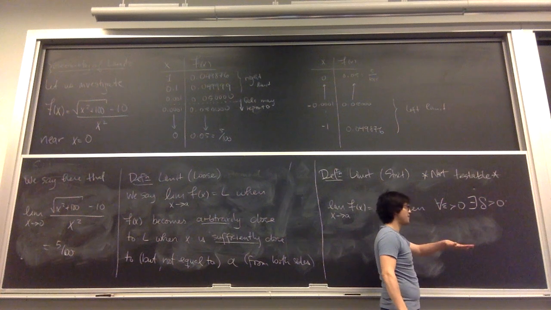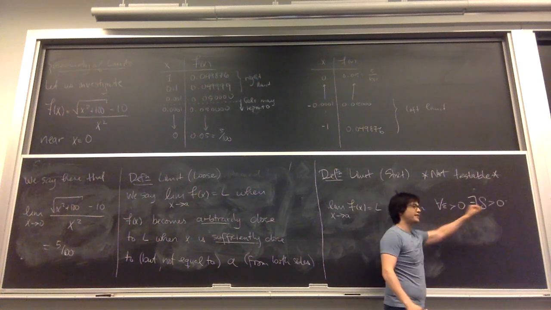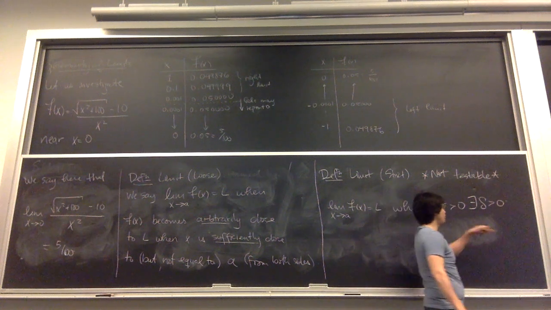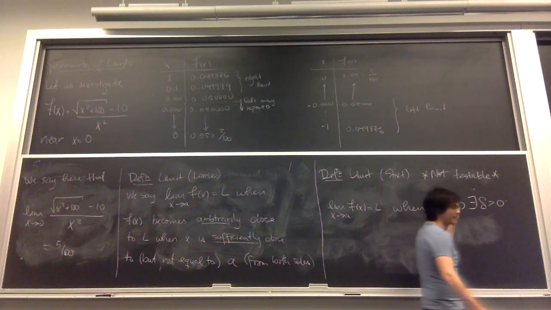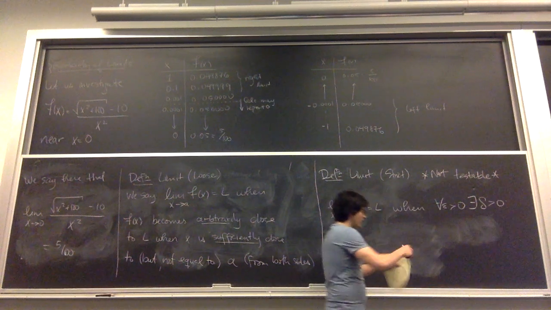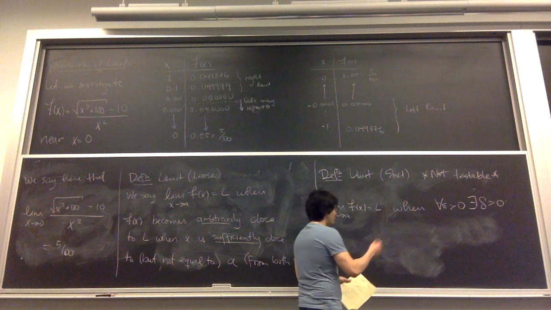This is hard to understand perhaps, but the order of these symbols matters. This means someone else chooses a tiny number, and then you get to choose a tiny delta based on that tiny number. And it's the fact that these are ordered this way which enables the limit calculation to work. But I'm going to give you this definition.